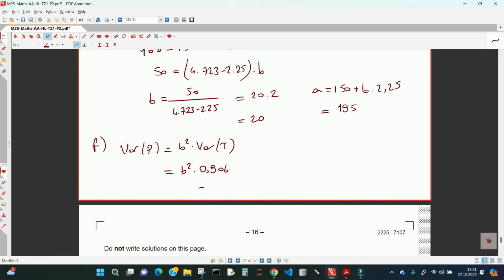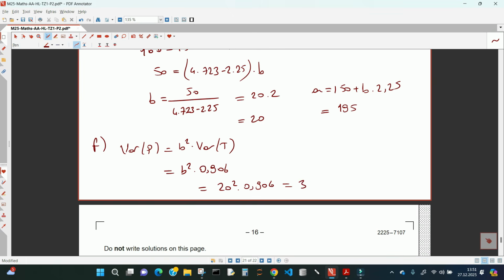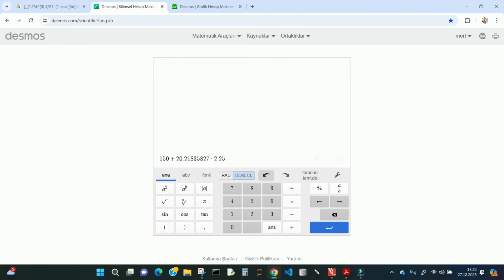So B equals 20, squared, times 0.906. Let's find this. It is 362.4. But again, we need to write, I guess, the integer, not the exact value of P. So what was it again?